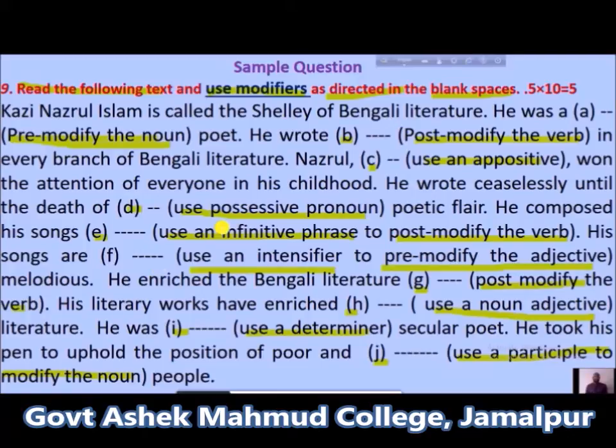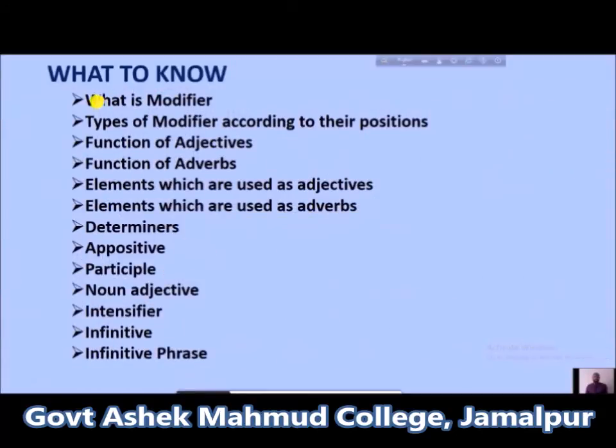So dear learners, now I think it's very clear to you that if you want to do really well in this question section, you must know certain things like what is modifier, types of modifier according to their positions, function of adjectives, function of adverbs, elements which are used as adjectives, elements which are used as adverbs, determiners, appositives, participle, noun adjective, intensifier, infinitive, infinitive phrase, and so on.